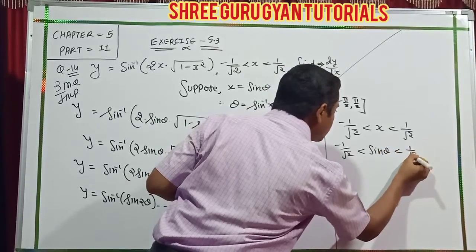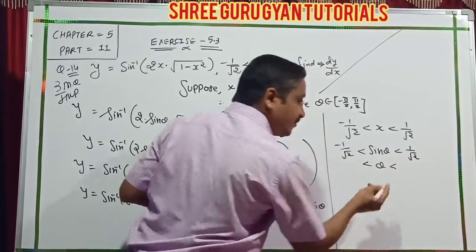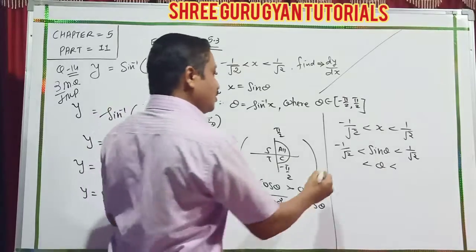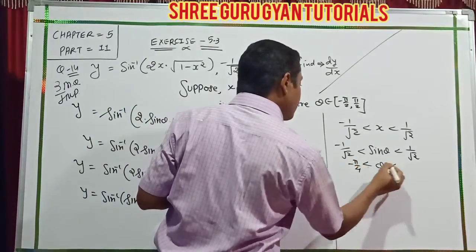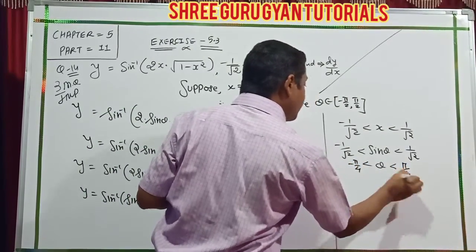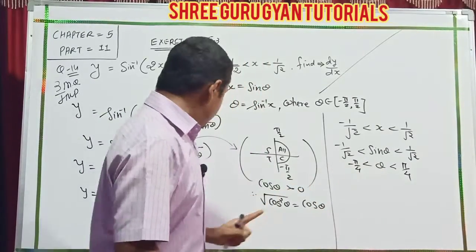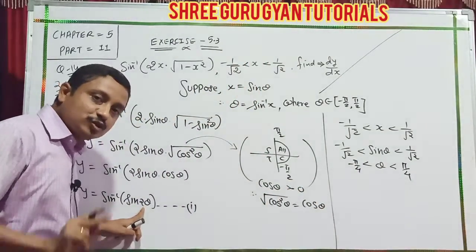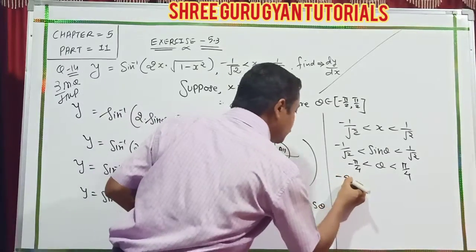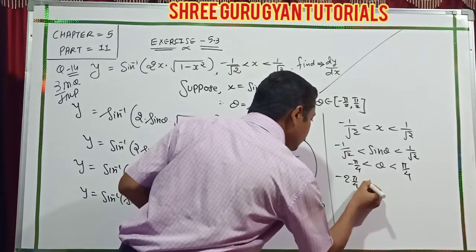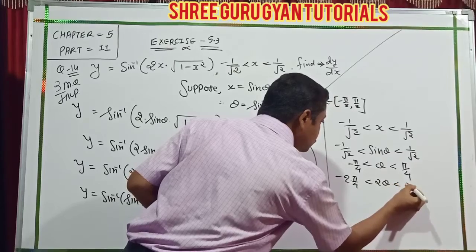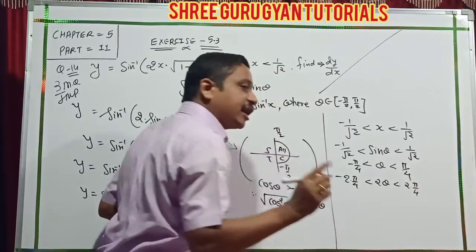And converting into theta, yes, when sin is 1 by root 2, theta is 45 degrees. Here minus 45 and plus 45. But now I want it in terms of 2 theta, so multiply each term by 2. Students, it is necessary that you check this.